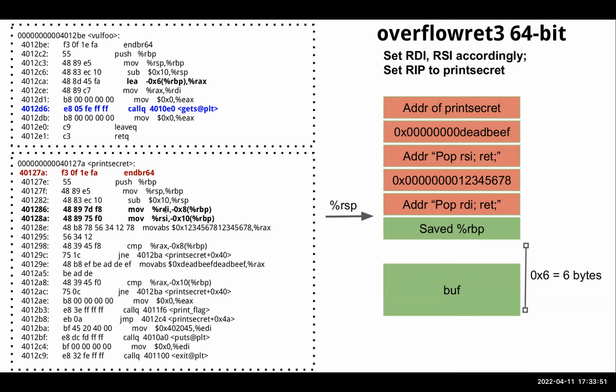At the beginning of the print secret function, you can see its address is here. Then there are 2 instructions: move RDI to RBP -8. Remember that RBP minus something means it's a local variable.